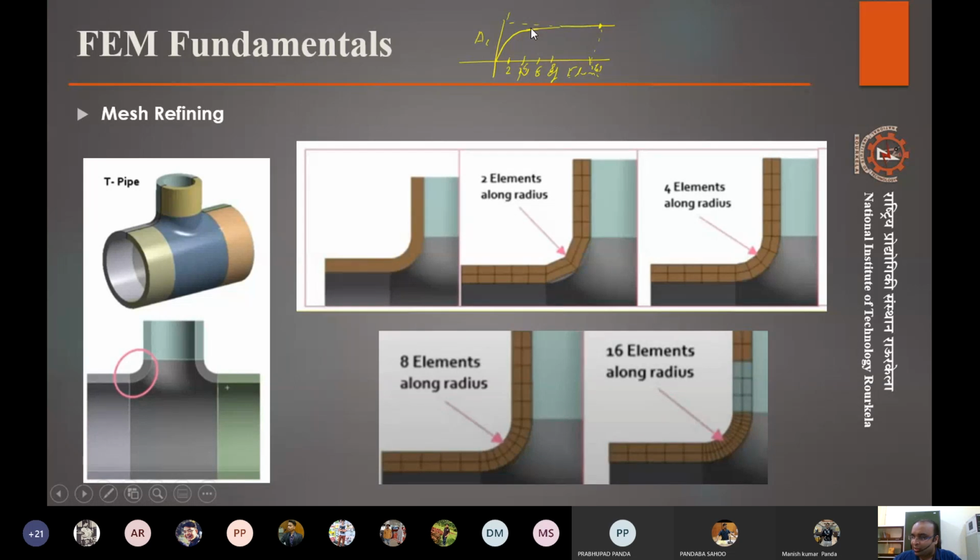Suppose these are the 5 cases. Let's assume case 1, 2 elements, 4 elements, 8 elements, and 16 elements. The user, or in our case the software, wants to find out where to stop increasing. I'm giving a very gross idea of how things are done.